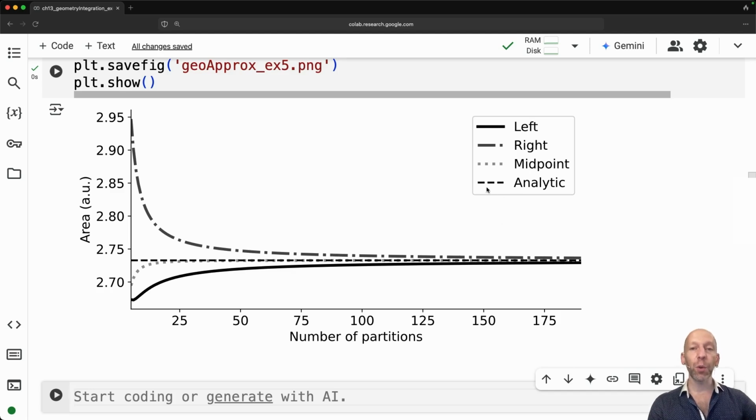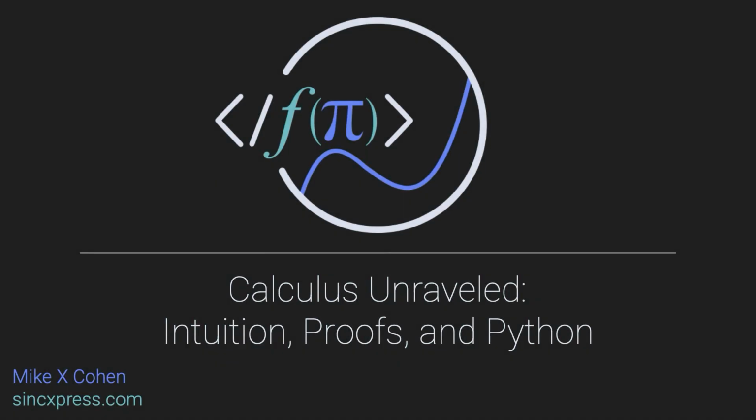And of course, the true analytic result comes from applying any of these rules and then having an infinite number of partitions, or at least, as the number of partitions grows to infinity, then any estimation rule is going to asymptotically approach the analytic result.